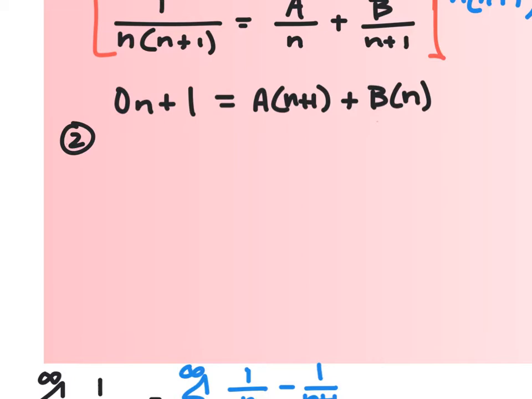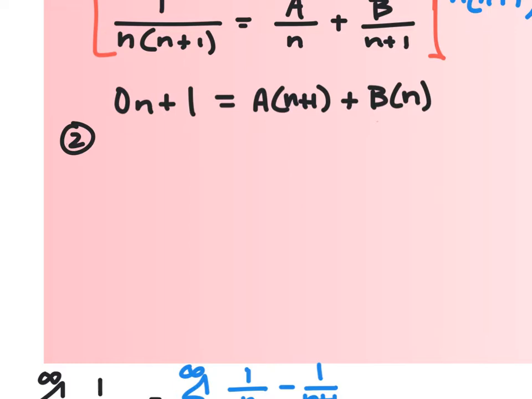Well, if n equaled 0, I put a 0 in for n everywhere I see it. Then it looks like I'd get 1 equals a times 1 plus 0. So it looks like a would equal 1. Boom. Nice. Too easy. Okay, so let me hold that in my back pocket over here.